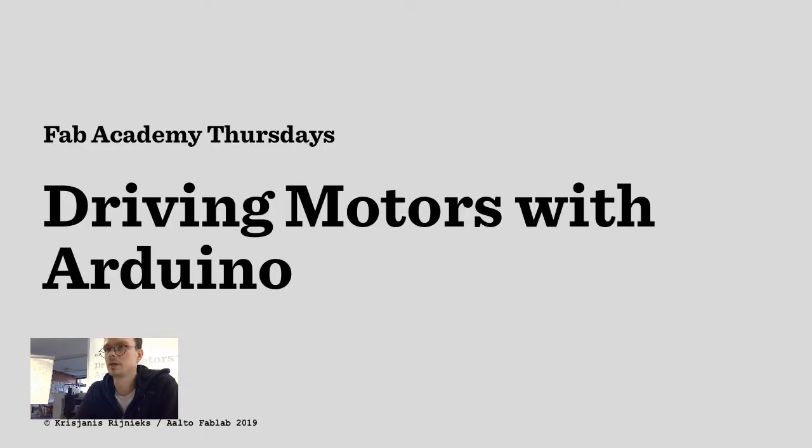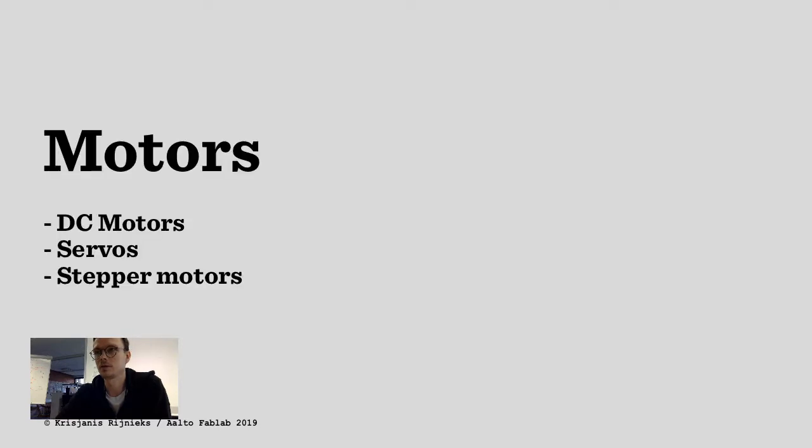So let's begin. So here's my presentation. Driving motors with Arduino at the Aalto Fablab in Helsinki. We are going to look at DC motors, servo motors, and stepper motors today. There are more kinds of motors, but these are the 3 basic ones that you might find useful for your project. So let's start with DC motors.